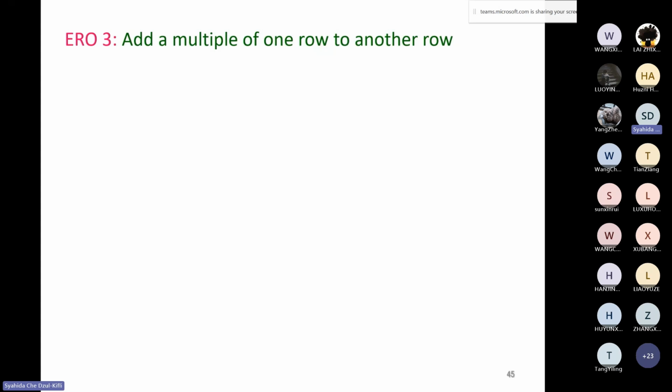That means first, I have to identify the row that is going to be changed.